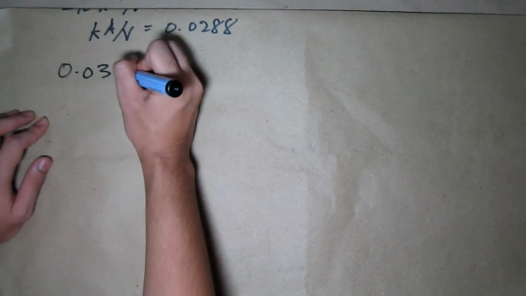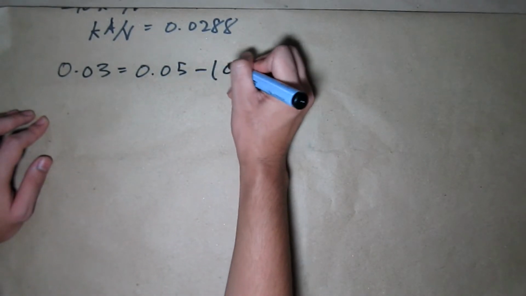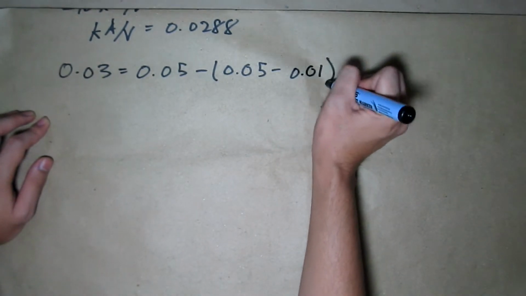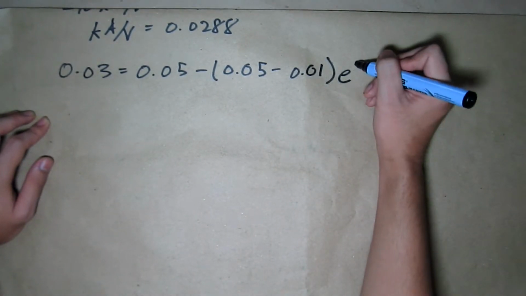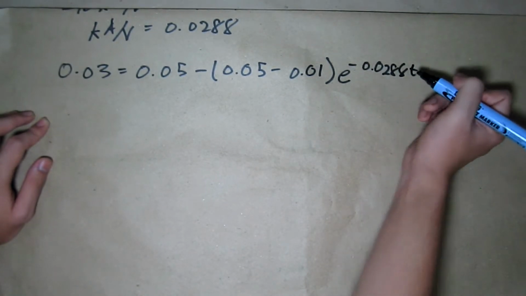0.03 is equal to 0.05 minus 0.05 minus 0.01, where e is raised to the power of negative 0.0288 t.